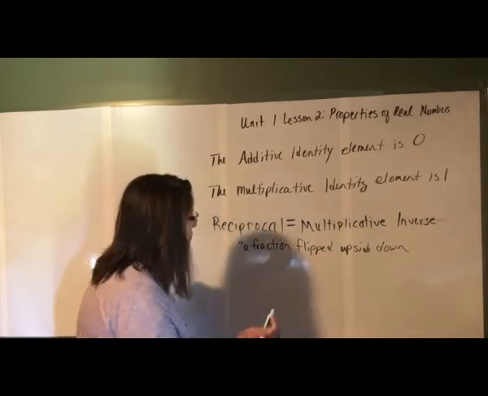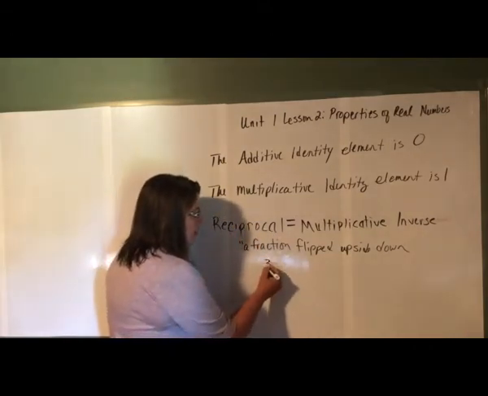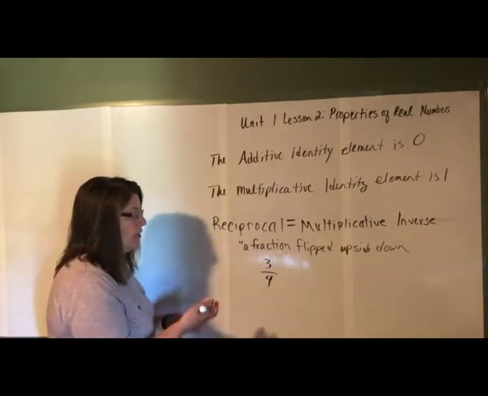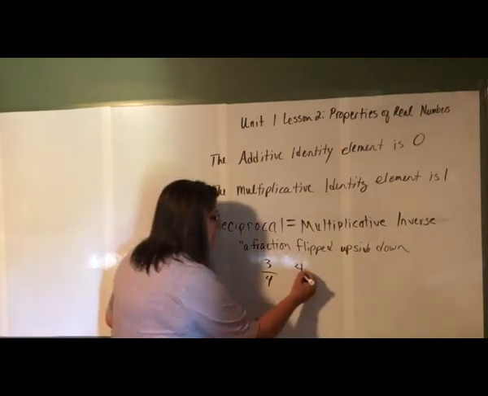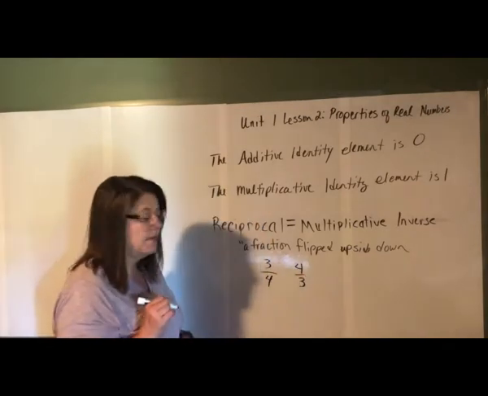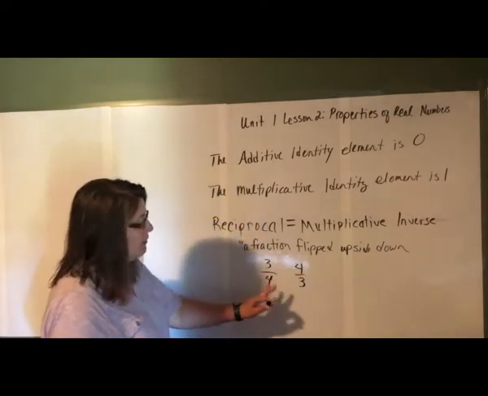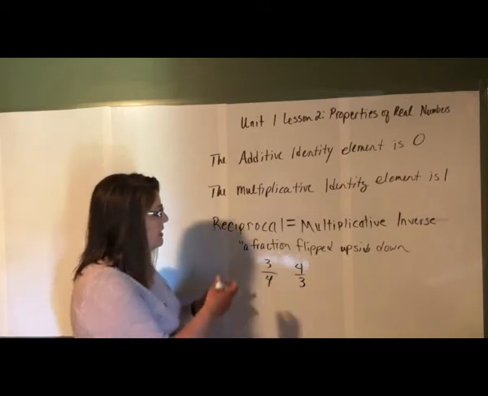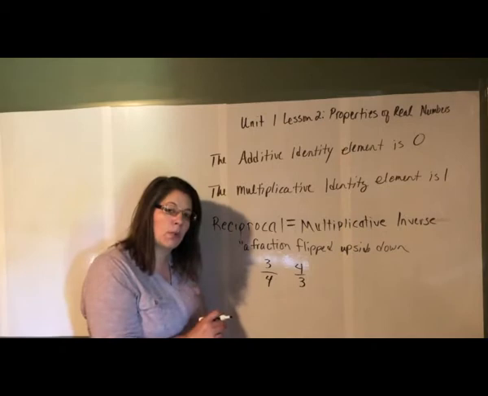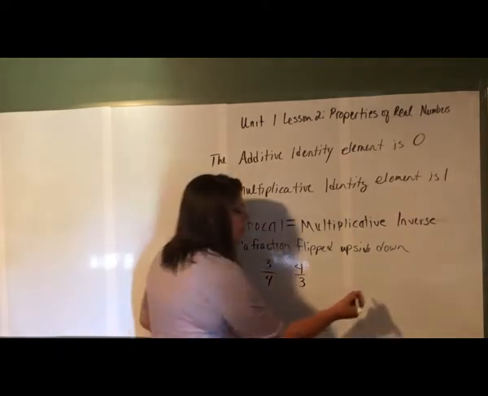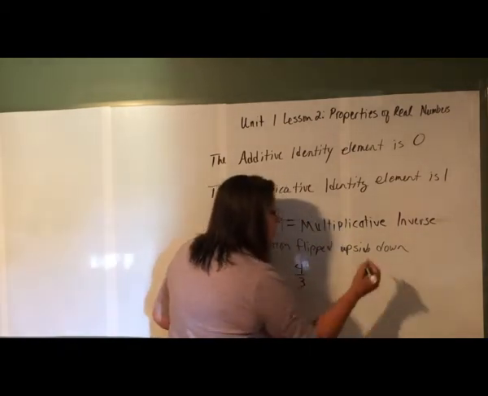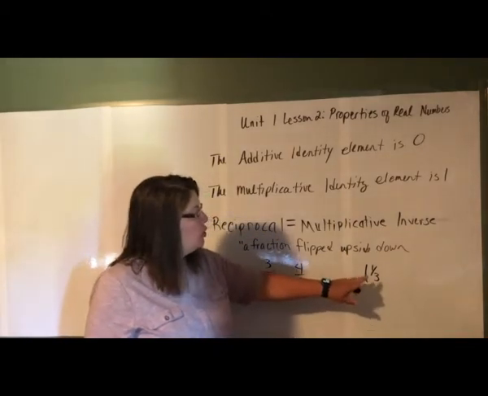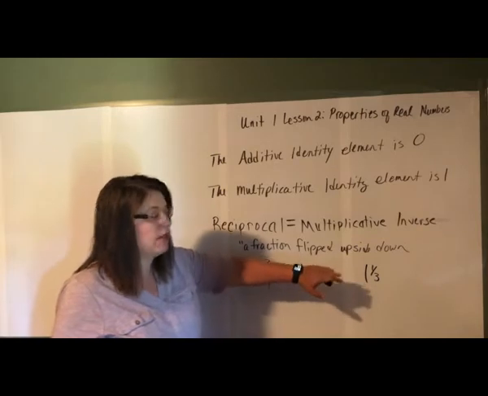If you have something like 3/4, the multiplicative inverse of that, or the reciprocal of that, is 4/3. They are not equal to each other, so we would never put 3/4 equals 4/3. But they are reciprocals or multiplicative inverses. If you have something like 1 and 1/3, you could not say the reciprocal is 1 and 3/1.